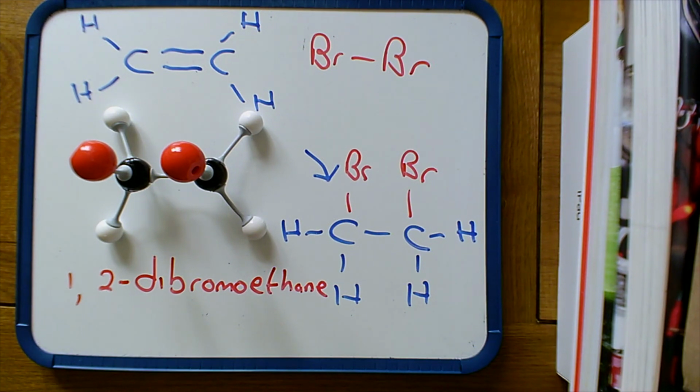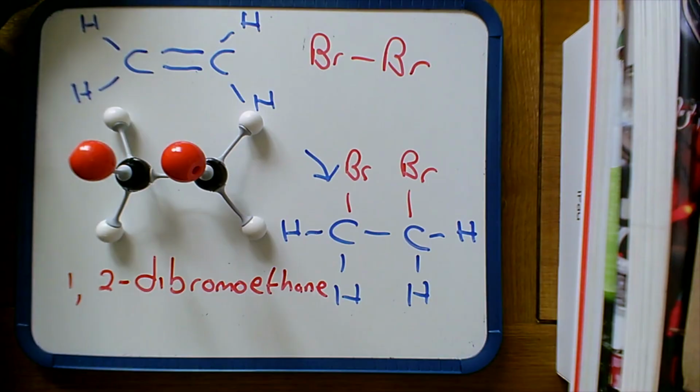It doesn't contain a double bond anymore, and that's why the product is called 1,2-dibromoethane. Now this reaction is called an addition reaction because two reactant molecules have joined together to form a single product.